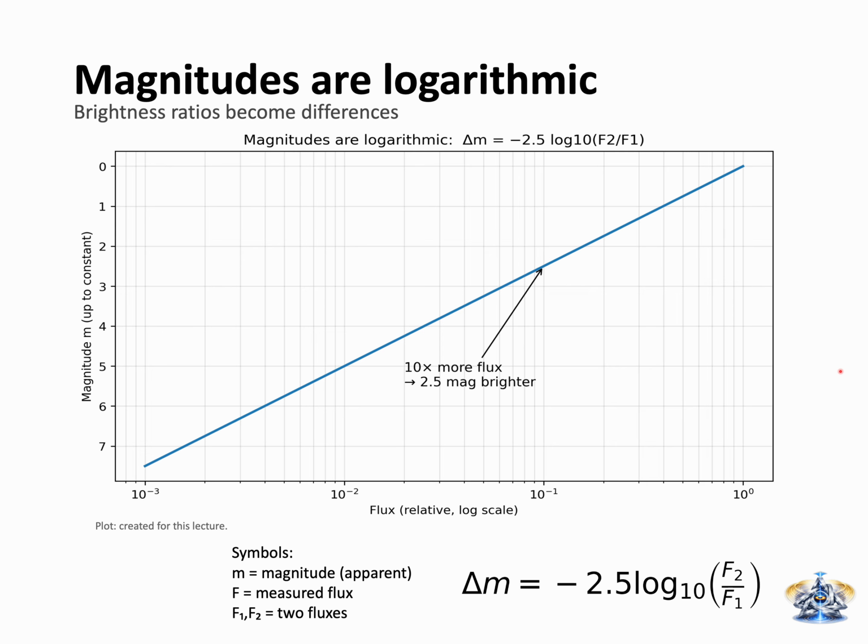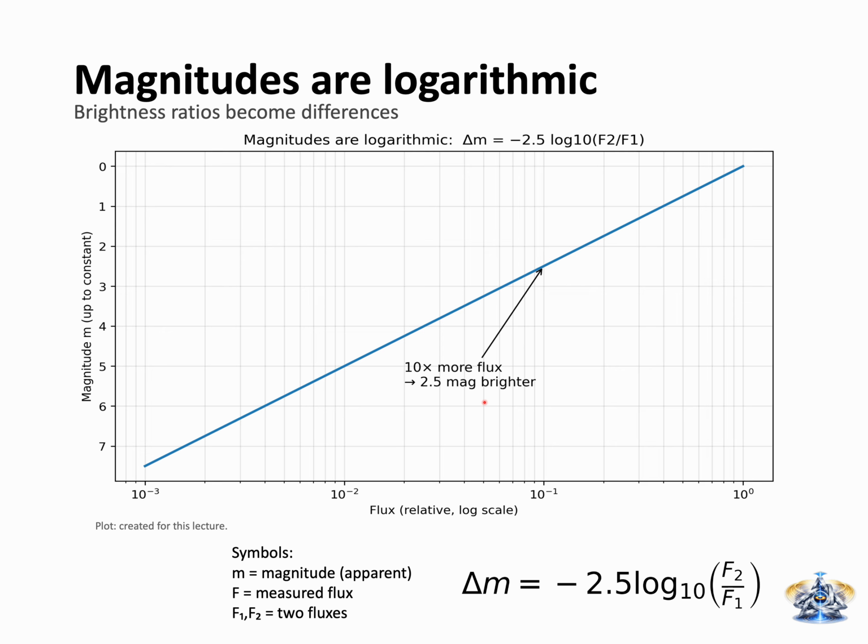Let's use a graph to build intuition with two mental rules. First, if one object gives you 10 times more flux, the magnitude changes by minus 2.5. So 10 times brighter in flux means 2.5 magnitudes brighter.